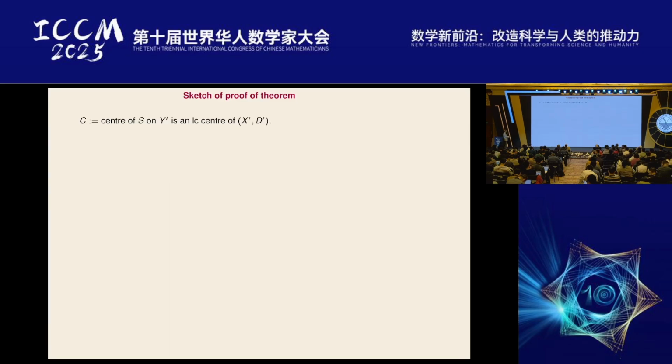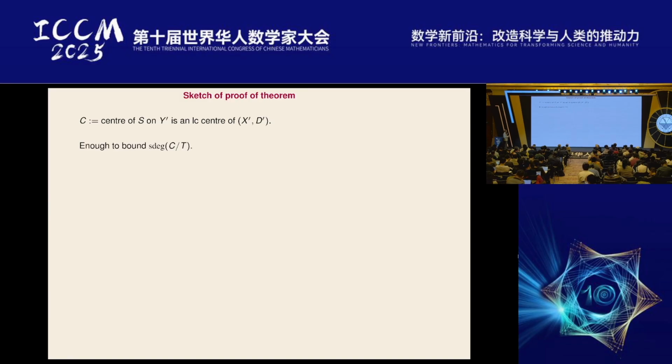So basically what we do, we look at the center of our original divisor S, now on the toroidal map, and that turns out to be a so-called log canonical center of our toroidal setting.